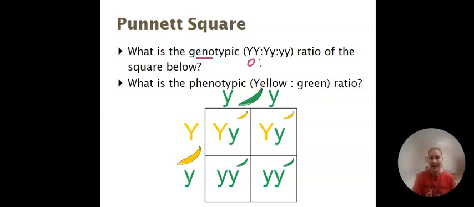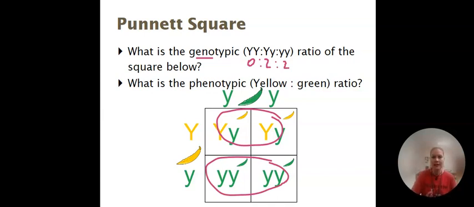Now, as far as heterozygous, we have 2. And then for homozygous recessive, we have 2 offspring down here that are homozygous recessive. So that would be the genotypic ratio.